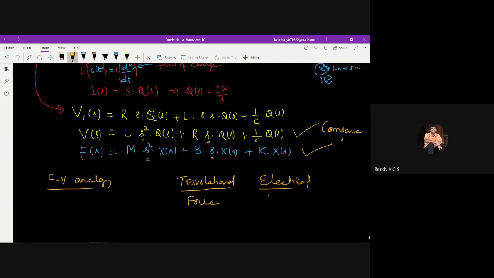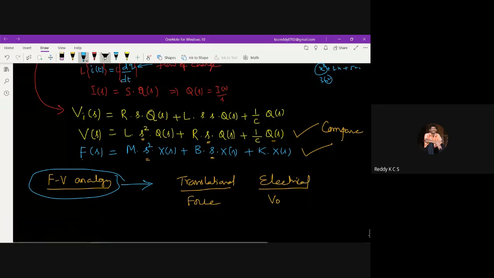By comparing these two equations, very importantly, I am writing for the FV analogy. For the FV analogy, force is equivalent in the electrical to voltage. Next, coming to the mass, the equivalent term in the case of the FV analogy of the electrical network will become inductance.